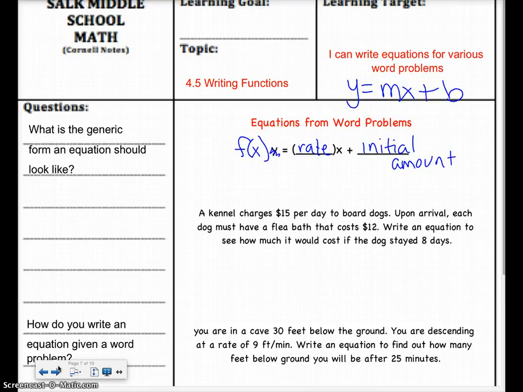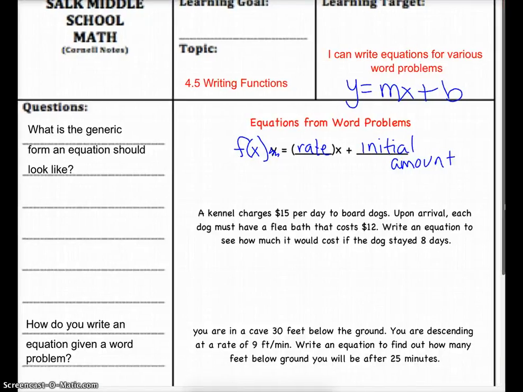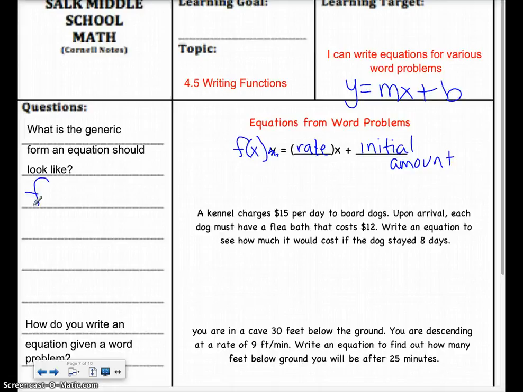If you follow this template, you should have no problem creating a function rule. It should always be f of x is equal to your rate times x plus your initial. X always stays right after the rate, and f of x will always be the same. So all you really have to identify is your rate and your initial amount.